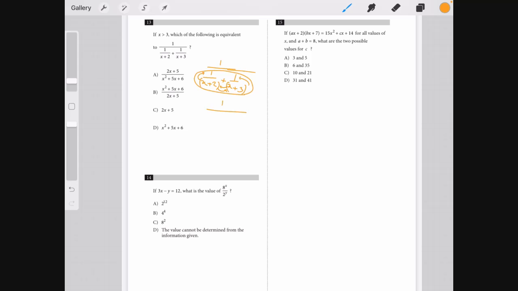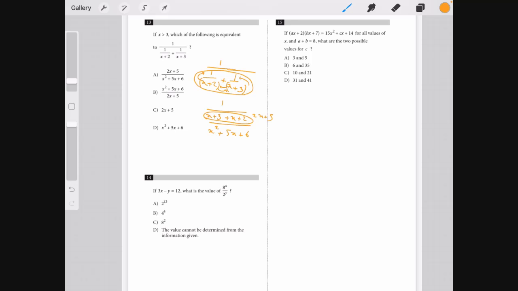So basically it's 1 over, multiplying x plus 2 by x plus 3 gives us x squared plus 5x plus 6, and x plus 3 plus x plus 2 gives us 2x plus 5. So it's 1 over 2x plus 5 over x squared plus 5x plus 6.